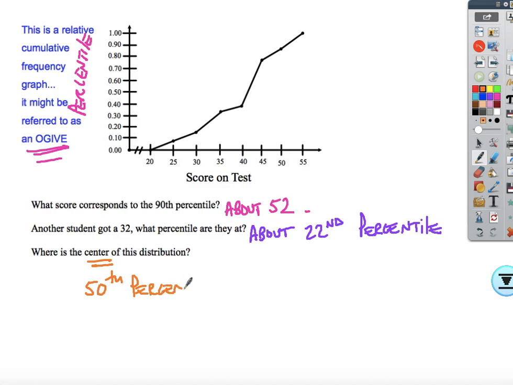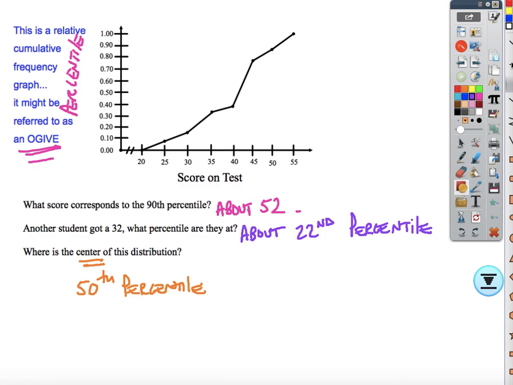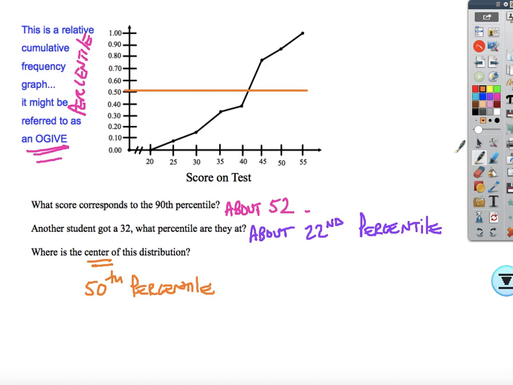So what I would do is start by looking on the y-axis at the 50th, draw a horizontal line over. Try to get one here. Okay, and then I'm going to look to see where it hits the graph and then look down to figure out what the score would be. So the score looks like maybe 42.